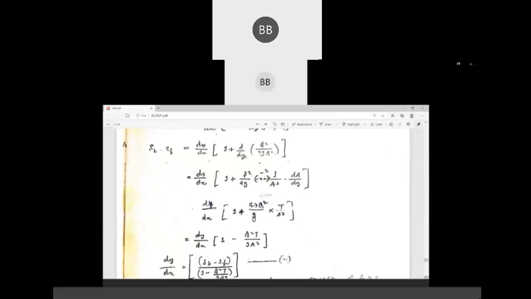Then we move on to the next step. One by A square. So we are going to differentiate one by A square.